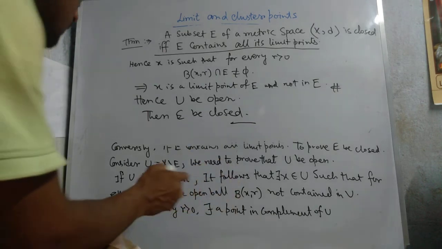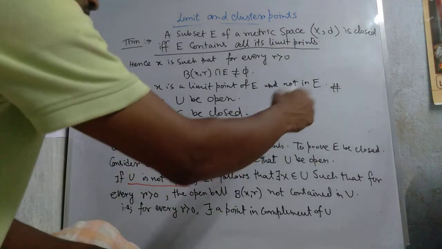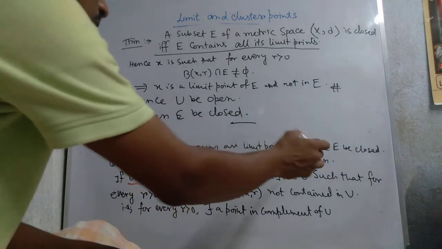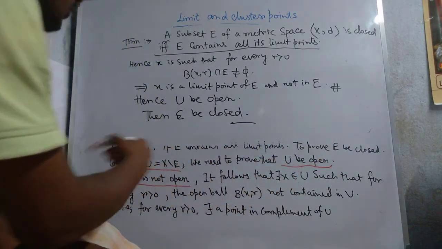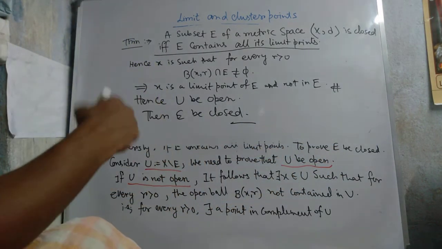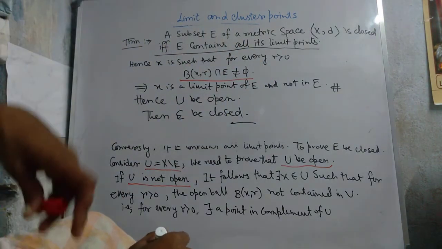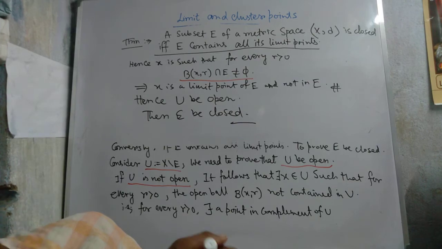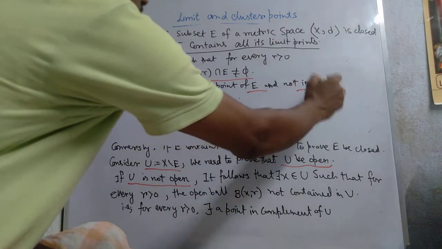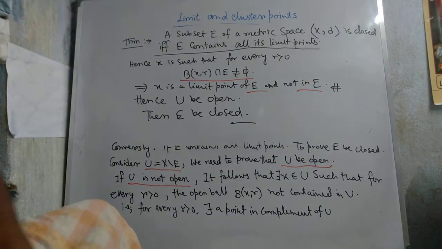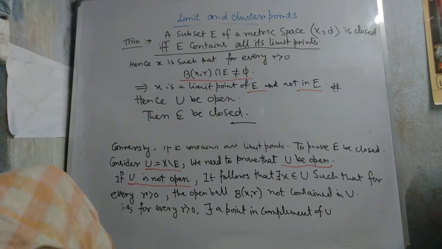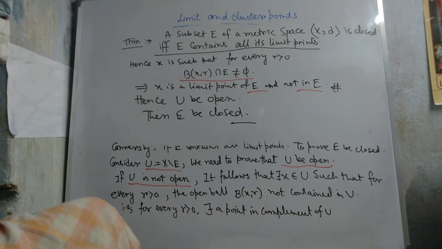First we see if E is closed, then E complement is open, or U is open. If U is not open, then we find B(x, r) intersection E is not equal to empty set, that means x is a limit point and not in E. So U is open and E is closed.